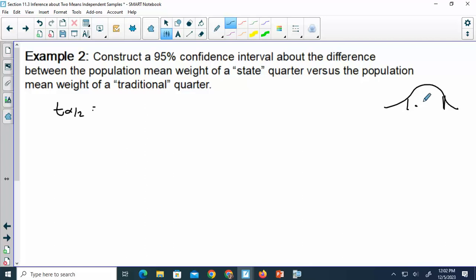So how much is left for the ends? 5% total, so if you split that up over the two ends, that's 0.025. And we know then our degrees of freedom was still 15. So if you go to your t distribution, 0.025, 15 degrees of freedom, we get 2.131.